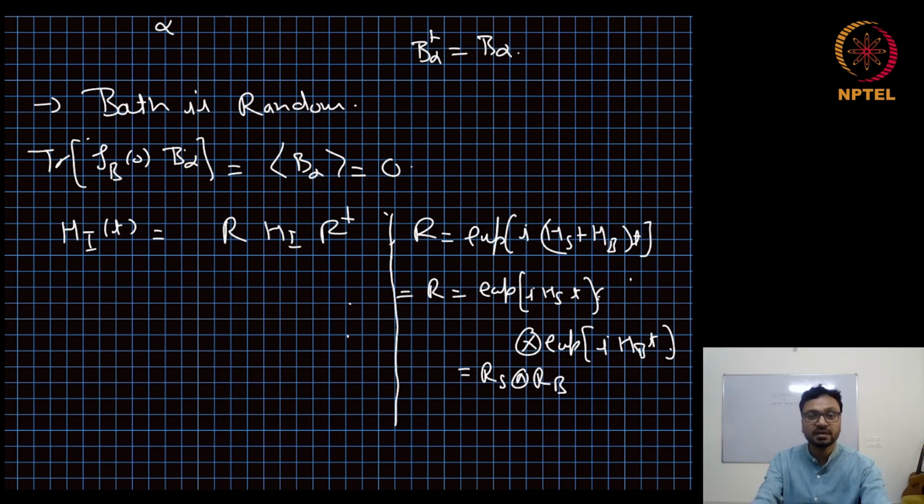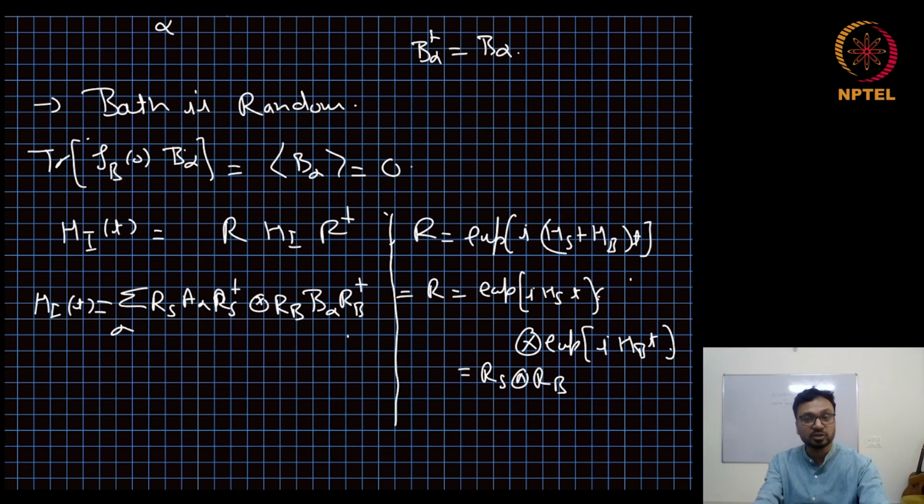So from here we can calculate H_I(t) as sum over alpha of R_S A alpha R_S dagger tensor R_B B alpha R_B dagger, where R_S and R_B are the exponential of i H_S t and exponential of i H_B t respectively for the system and the bath.